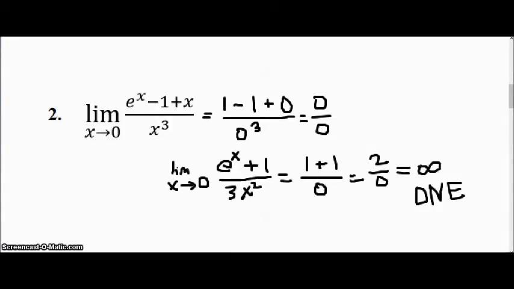On to the next problem. The limit as x approaches pi over 2 of (sine x minus 1) over (x minus pi over 2). We must, as always again, prove that the limit of this function approaching this number is indeterminate.